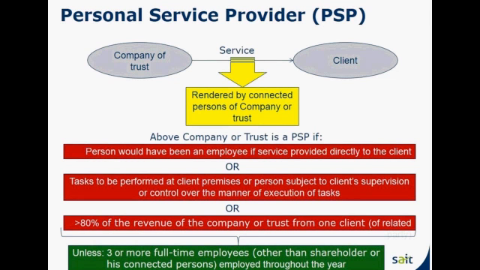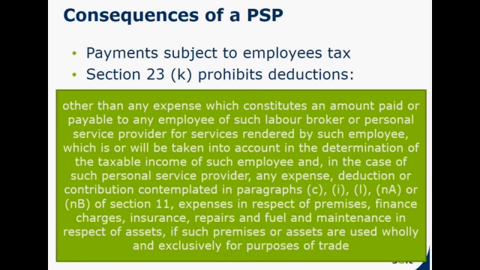It allows you to deduct your legal costs, benefits, contributions made by the company for benefits, and then only a few expenses relating to your assets, if assets are wholly and exclusively used for the purposes of your trade. So almost all Section 11 deductions would fall away if Section 23K applies. That's a real disadvantage of being classified as a personal service provider.